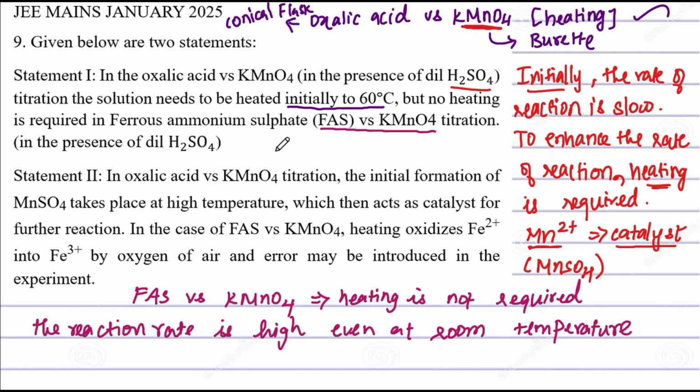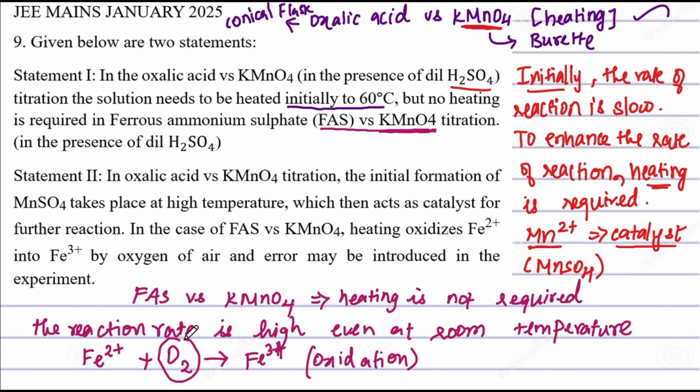And also, if we heat this solution, what will happen? In ferrous ammonium sulfate, Fe2+ ions are present. When you heat this ferrous ammonium sulfate solution, the Fe2+ ions present in that solution will react with the oxygen in air and be converted to Fe3+. So here oxidation takes place, but this oxidation is not by the oxidizing agent KMnO4.